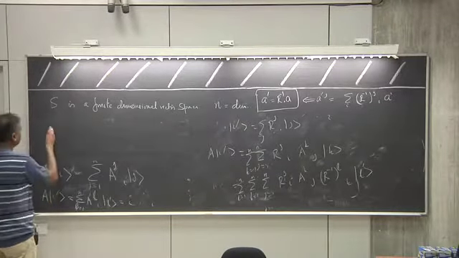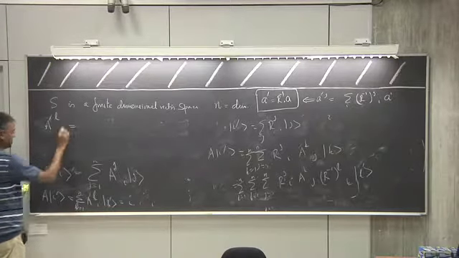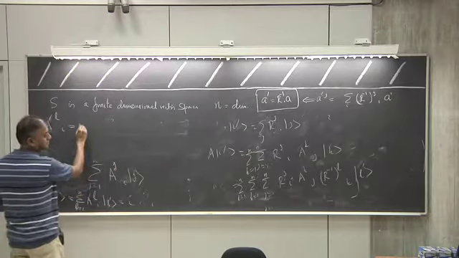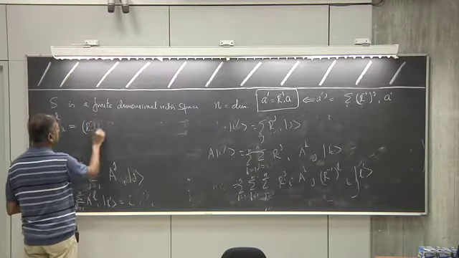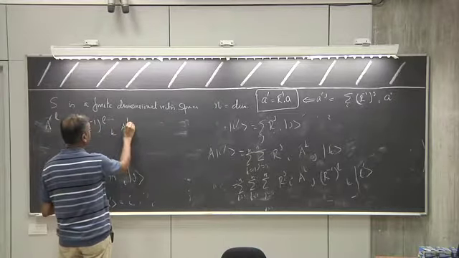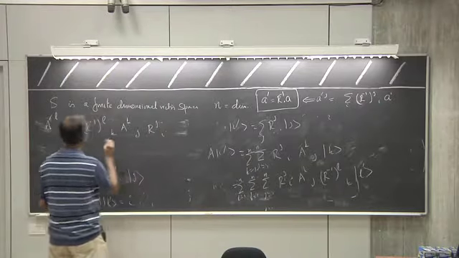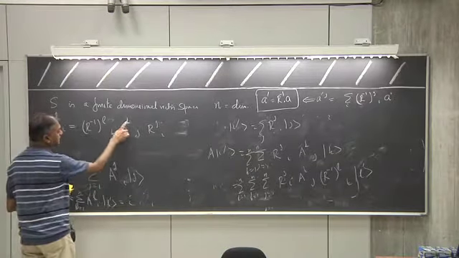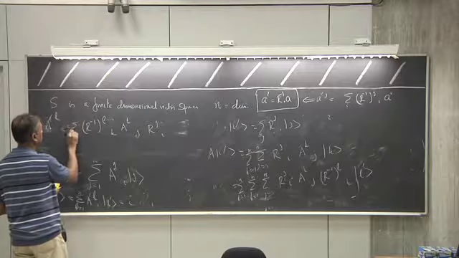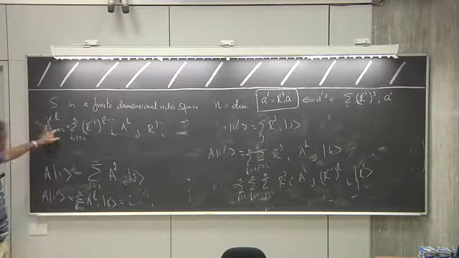The relation between A_li prime is equal to R inverse_lk A_kj R_ji, summation over all the repeated indices. So k and j are summed over. k and j both are going from 1 to n. l and i are not summed over.